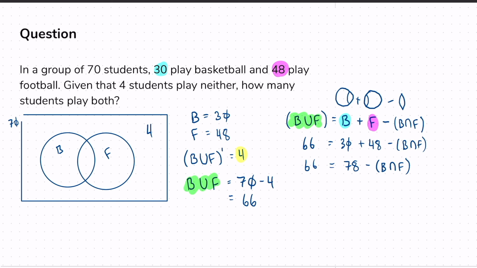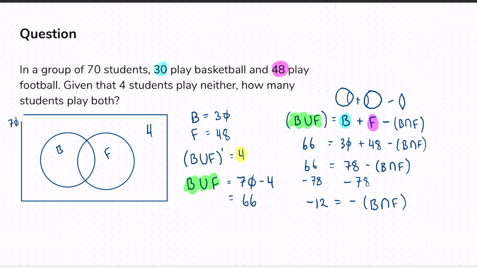So how do I do this? Well, I'm going to minus 78 from both sides. It's going to move it to the left-hand side. 66 minus 78 is minus 12, and that's equal to the negative of the number playing both.